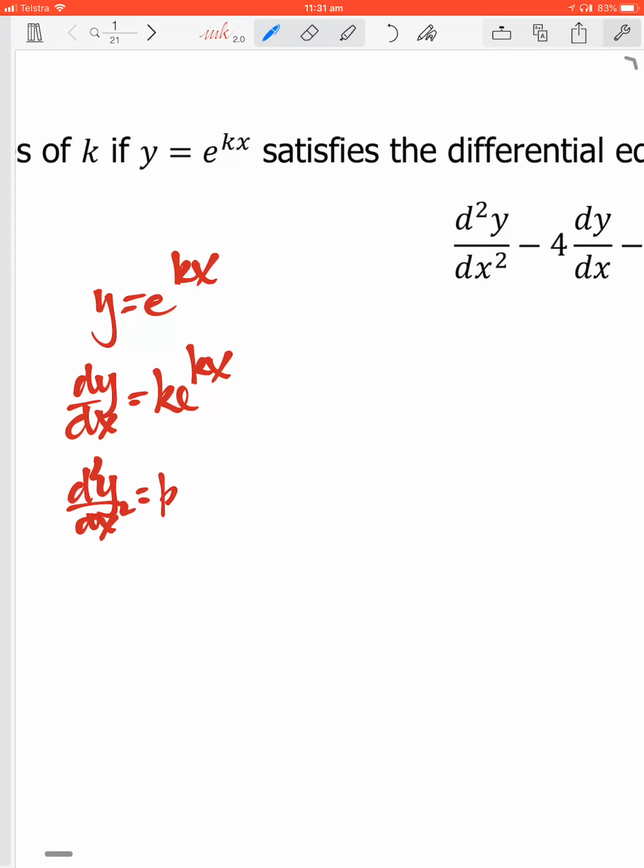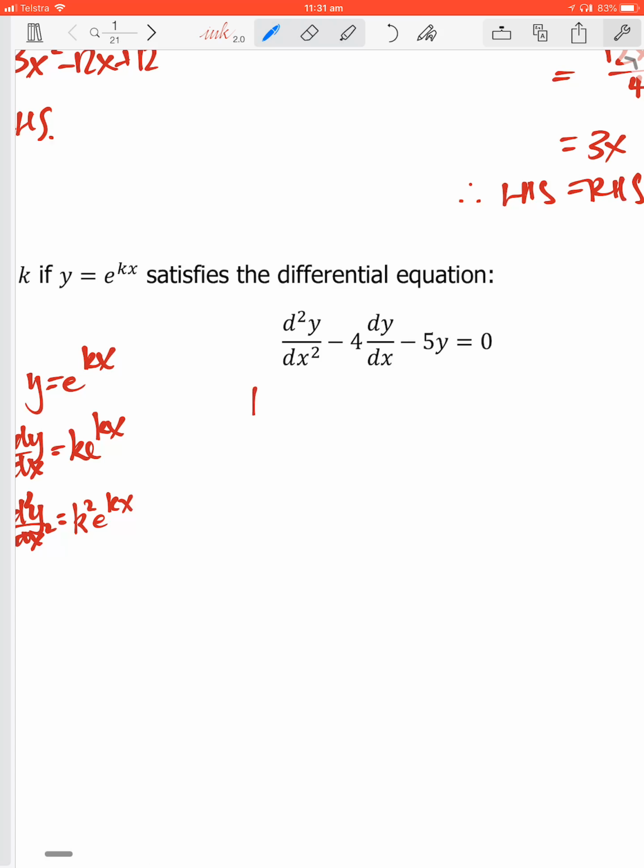So we can sub all of that into the equation: k squared e to the kx minus 4 dy/dx, oops, I forgot my k, ke to the kx, minus 5e to the kx equals 0.